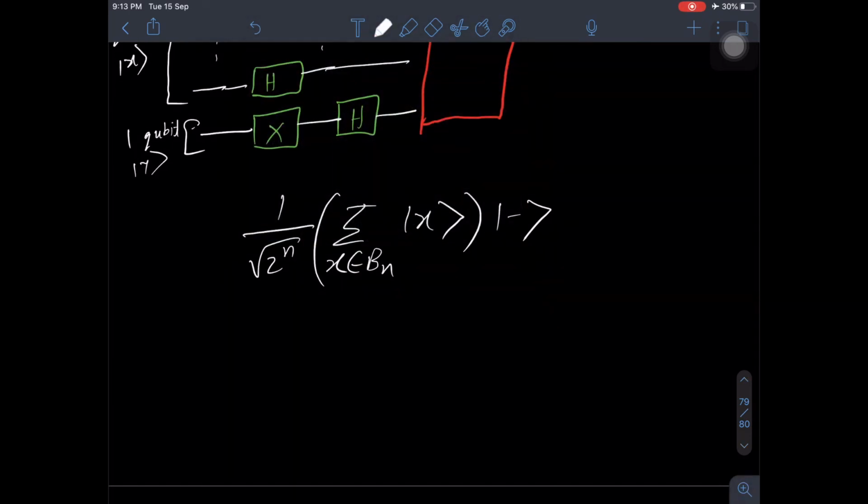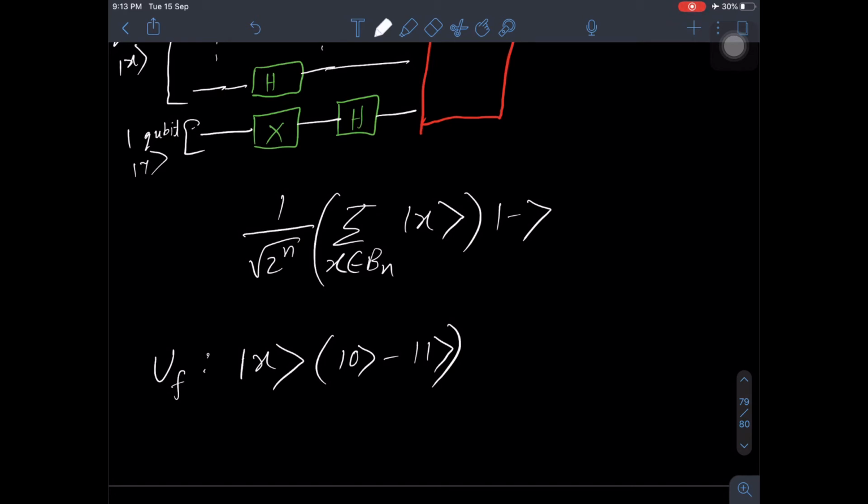Let's ignore the factors of 1/√(2^n) because we won't need them. Let's say you have some x, and this minus state is nothing but |0⟩ minus |1⟩. I'm ignoring the factors of square root of 2 because I don't care about them right now.